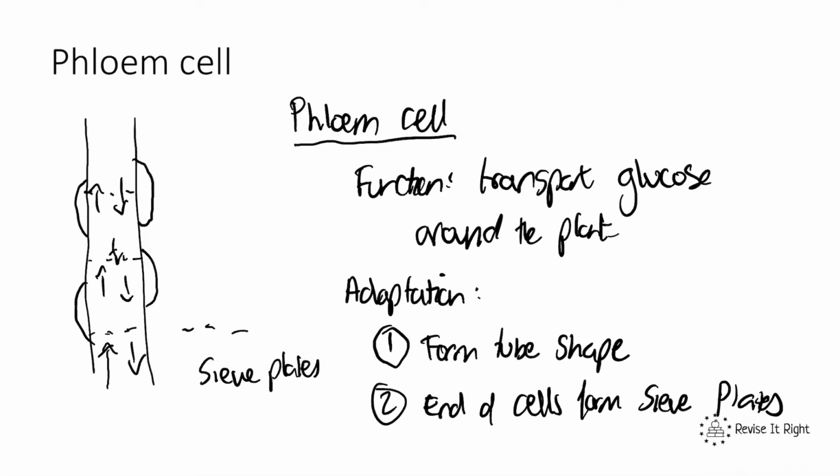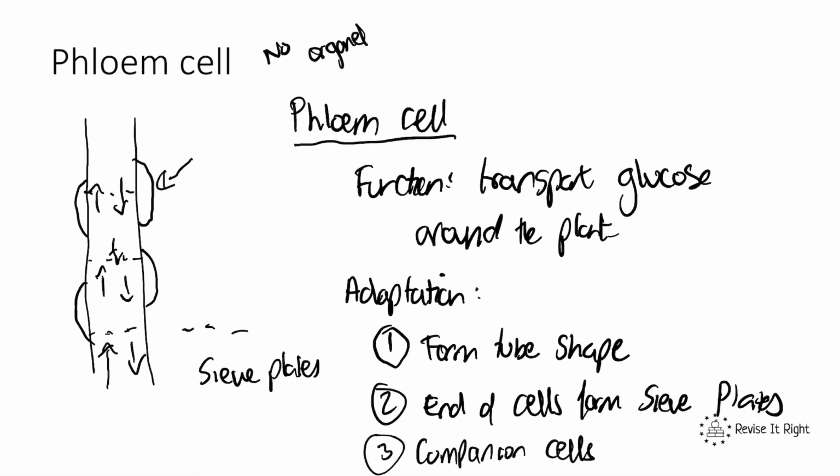Now the third adaptation is these here. We call these companion cells. Now just like with the xylem cell, the phloem cell contains no organelles. However, moving glucose actually requires energy.